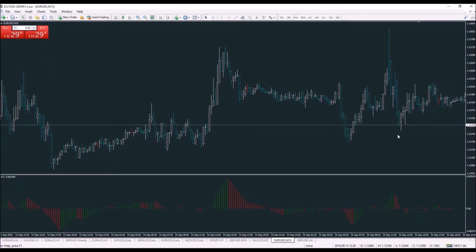As a standalone indicator, some traders are using the Awesome Oscillator, as I mentioned, as the basic signal provider by crossing the zero line, which is also called a bullish cross or a bearish cross. When it crosses the zero line to the downside, of course that's a bearish cross, and vice versa. When it crosses it to the upside, that's a bullish cross.